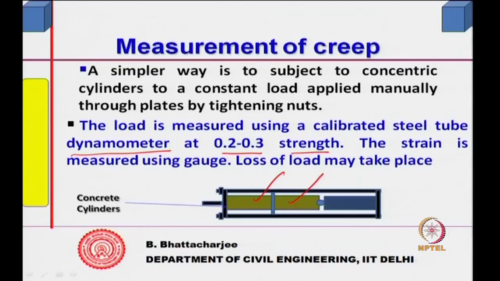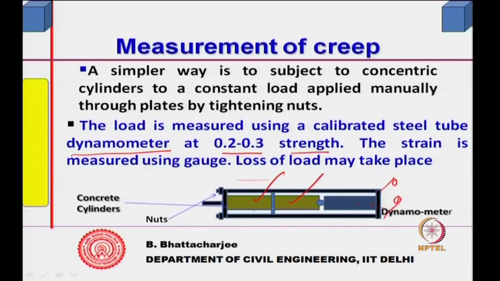These are 4 rods, 2 of them you are seeing, and the other 2 will be somewhere there, and there are plates here, and there are nuts here which can be tightened. So, this is of course the dynamometer, and these are the nuts which you can tighten to actually stress this. This is fixed here. This is the dynamometer, and there is a ball joint.